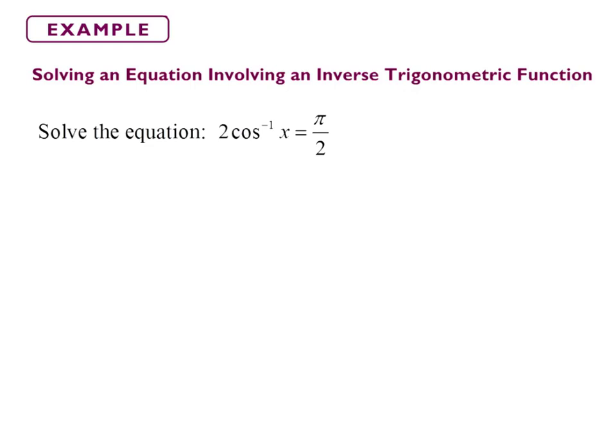So how do I move it? Divide by 2. Exactly. So I divide both sides by 2. I get the inverse cosine of x is equal to pi over 4. Right? Good. So now, what can I do next? Any ideas? I want to get the inverse cosine away from the x, don't I? So I just want x by itself. So what can I do?